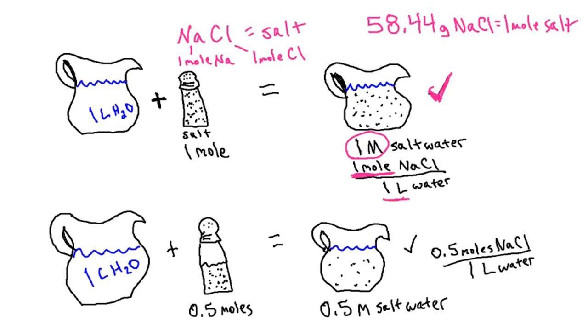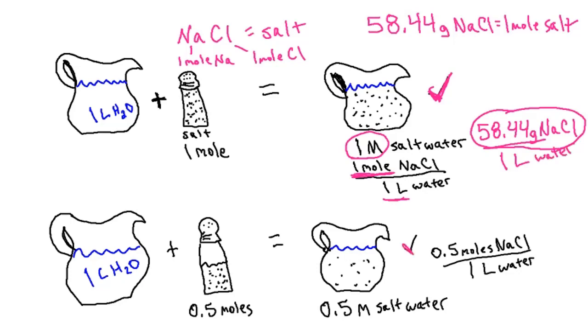So 1 mole of salt is 58.44 grams of salt. So in 1 molarity of salt water, we have 58.44 grams of sodium chloride for every 1 liter of water.